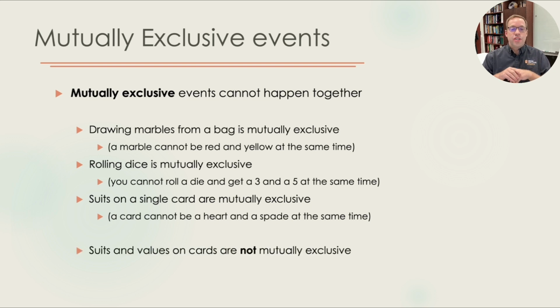But suits and values on cards are not mutually exclusive. Why? Because a card can be both a queen and a heart at the same time. Okay? So when we're talking about cards, specifically suits and values, those are not mutually exclusive events.